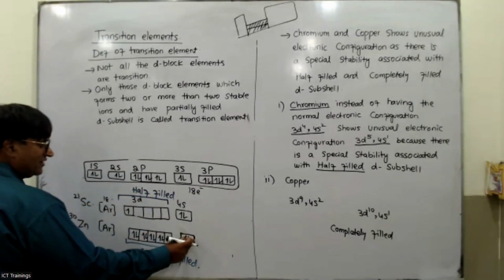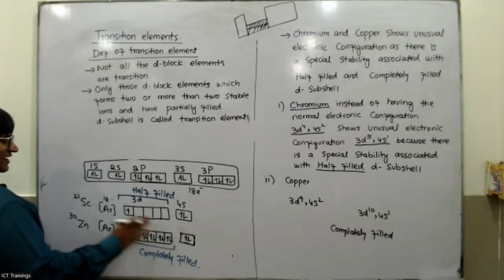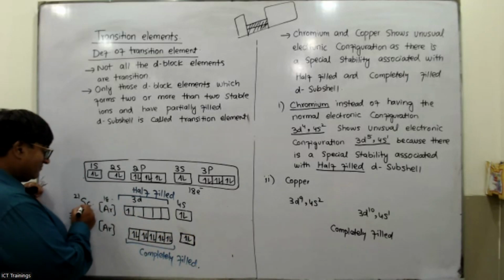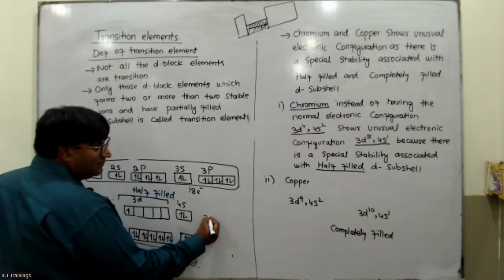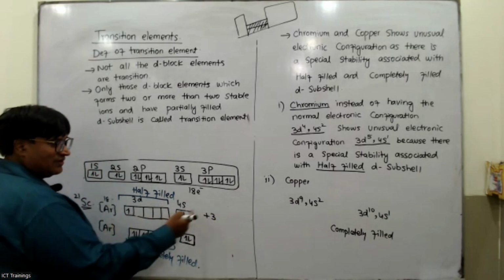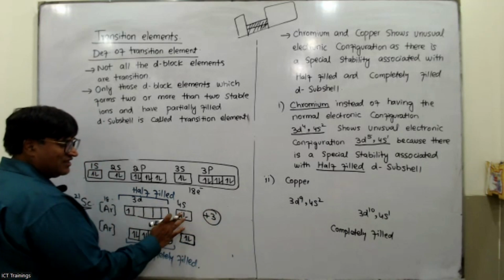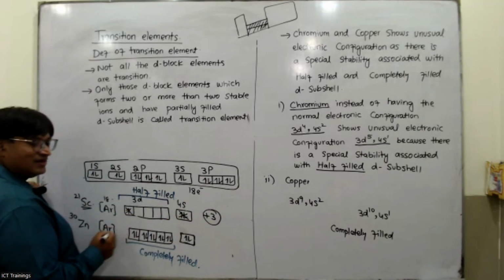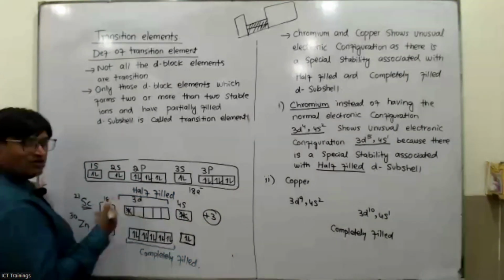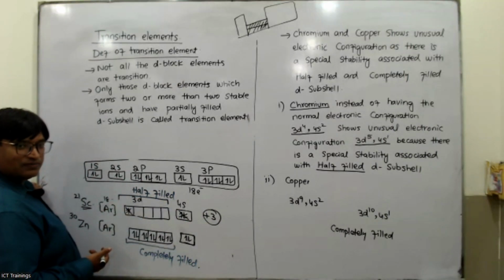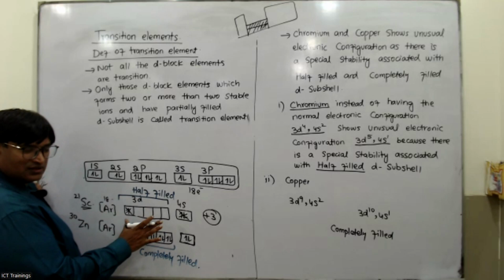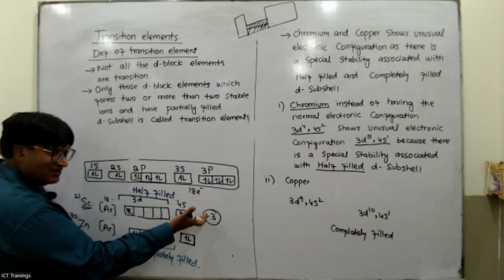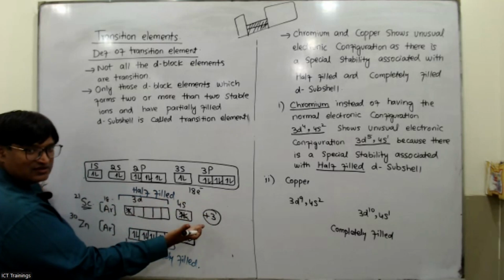So 2 electrons in the s subshell and 10 electrons up here. Scandium forms only a +3 ion. So when it forms the +3 ion, these two electrons go out, and this 1 electron also goes out. So what happens to its d subshell? It becomes completely empty.